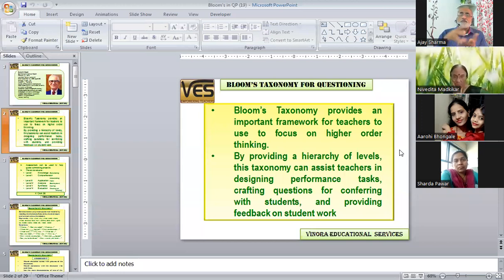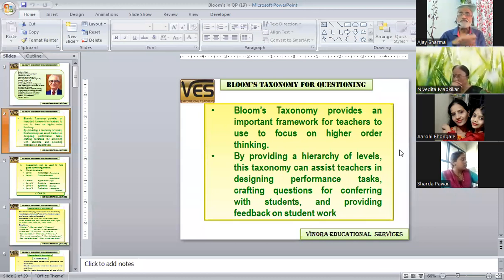Right. From knowledge, we go to a higher level. Second level, third level, fourth, fifth, sixth level. There are 6 levels of learning. I will not go now, but in the subsequent slides, you will see that. Now, hierarchy of levels from lowest to highest.